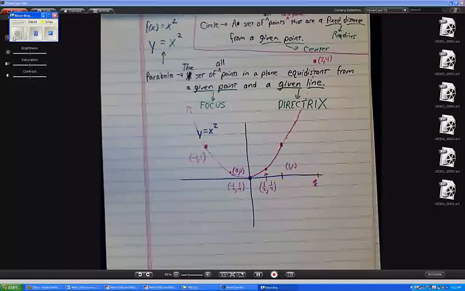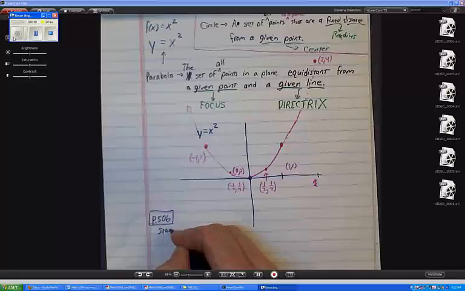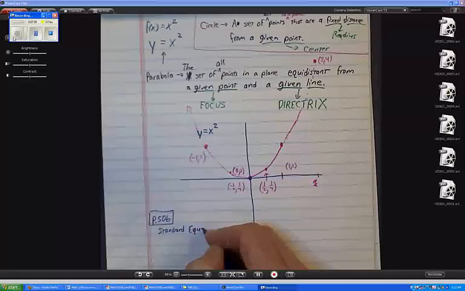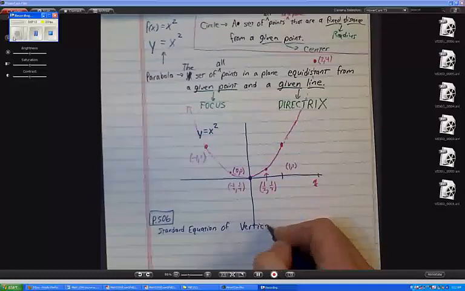Now, if you turn your book to page, well, let's say 506. Page 506 of this section gives me what they call the standard equation of a vertical parabola.